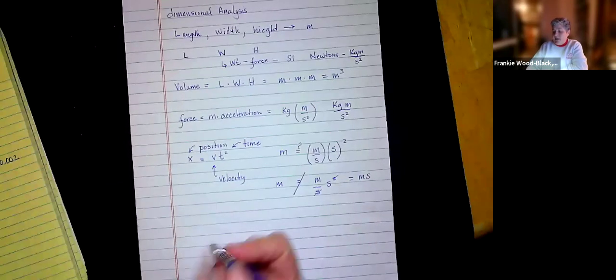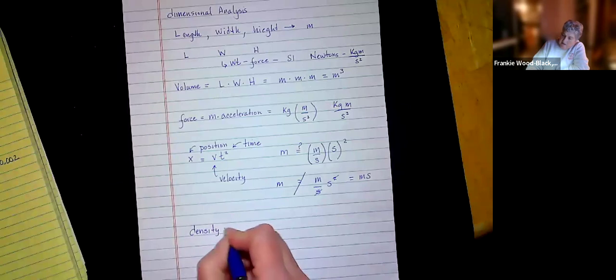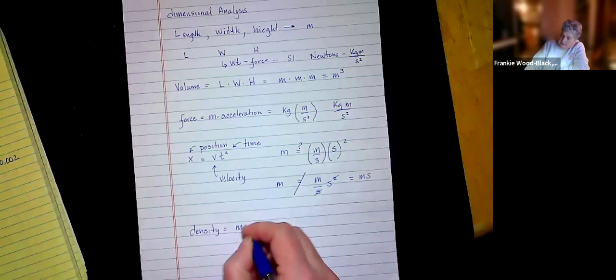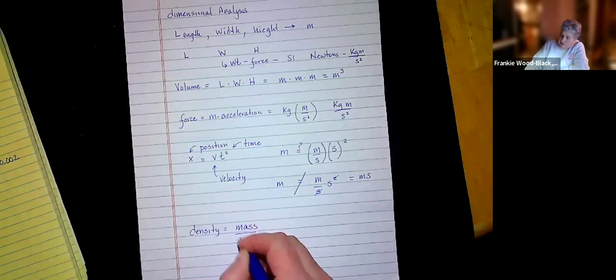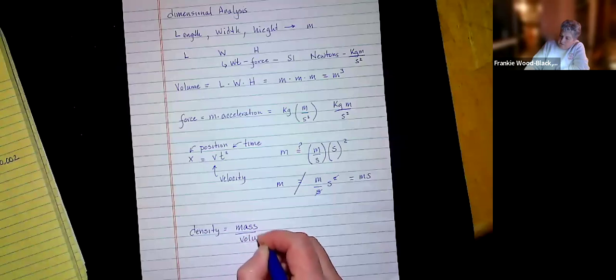So let's take a common example that people have worked with. Most people, by the time they come to general physics, have been in general chemistry, and I also teach general chemistry. So we know density is equal to mass divided by volume.